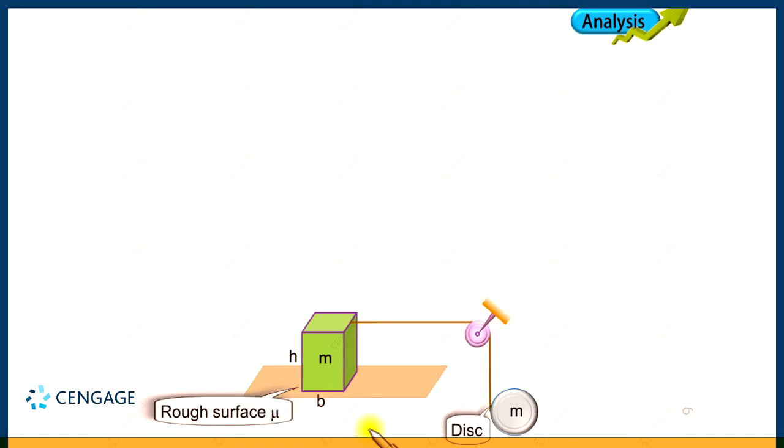In the very first step, let us calculate the position of the instantaneous center of rotation. The question arises, what is the instantaneous center of rotation or instantaneous axis of rotation? The instantaneous axis of rotation is the axis about which we can consider the rigid body is rotating at that instant.